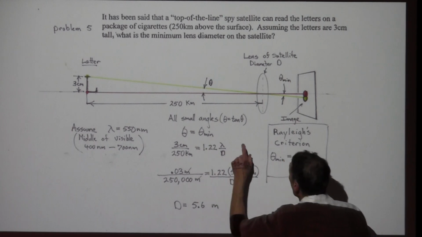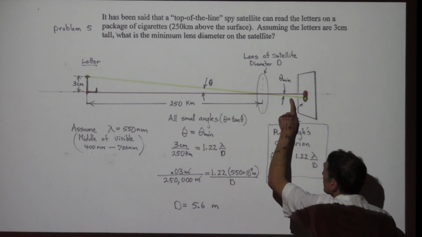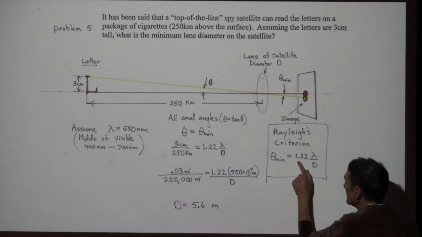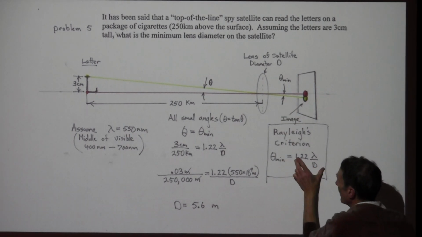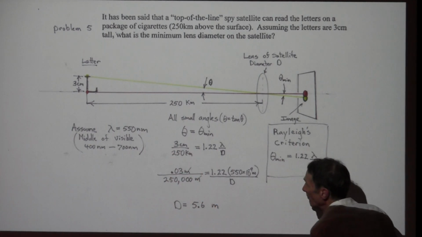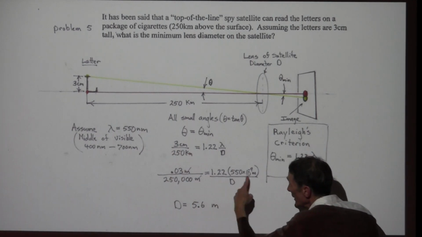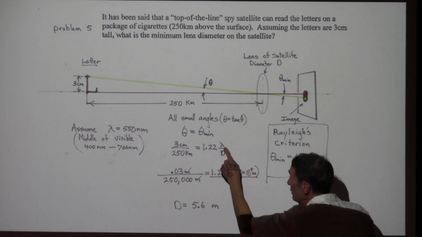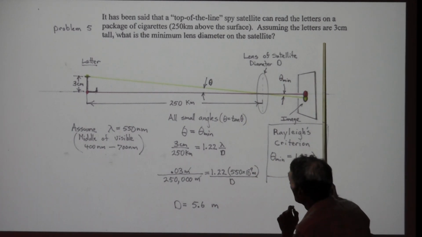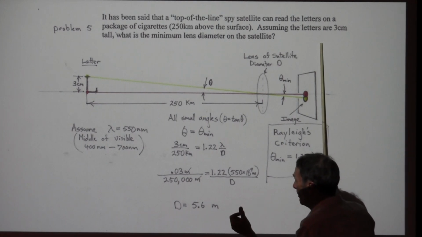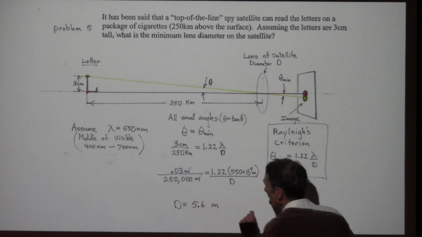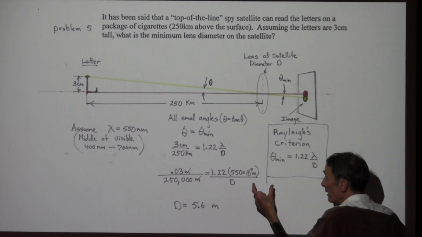These two angles should be equal. If you're right at the minimum, this is the requirement, so I can take this and set it equal to this other angle. And then you're home free. We do need to know the wavelength. He didn't specify that here. You'd maybe want to go up and ask him. I assumed it was in the middle of the visible spectrum, just so I could come up with a number.